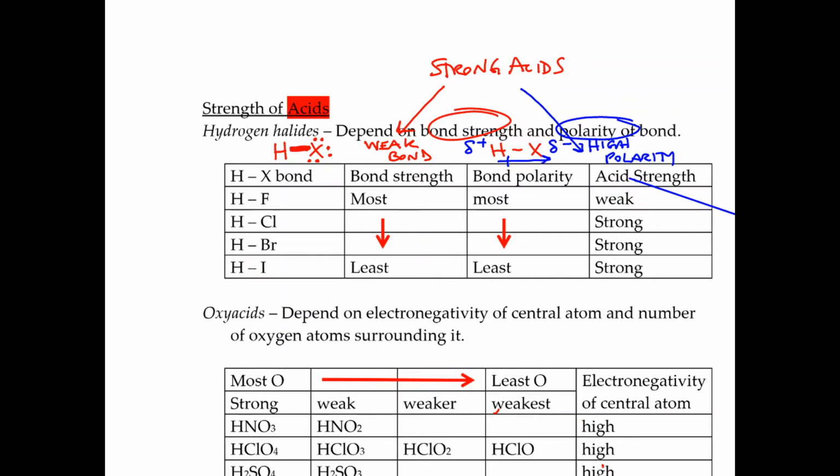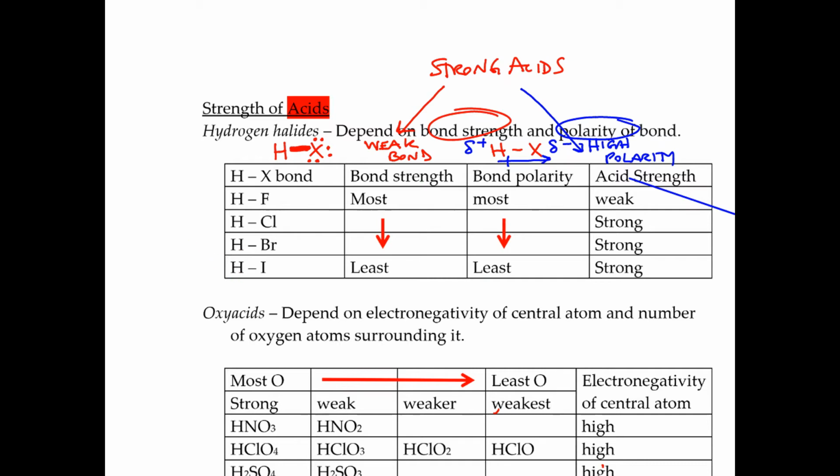So if you ever had a question where you had to decide why HF is not a strong acid while all these are, the answer is that the bond in HF is too strong, cannot be easily broken, and so the H is not easily ionized. However, for HCl, HBr, and HI, the bond strengths are weak enough, coupled with their high bond polarity, making the H easily ionized.